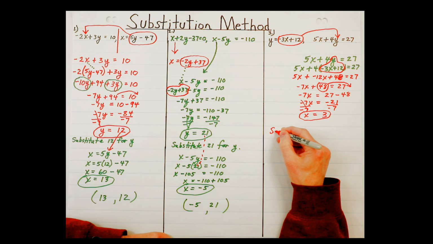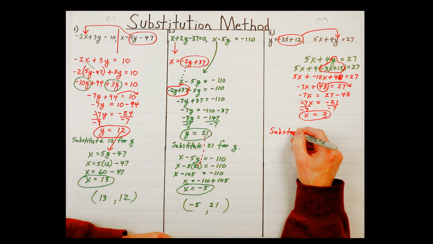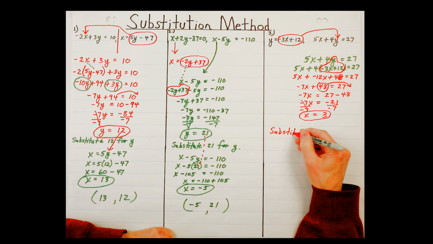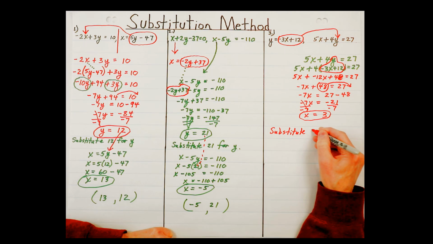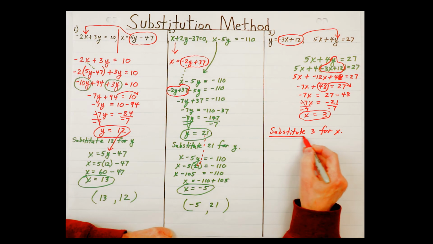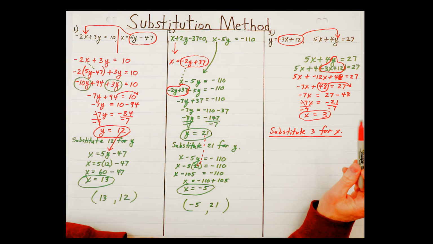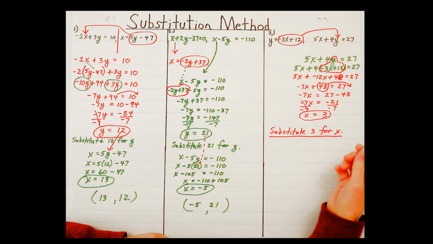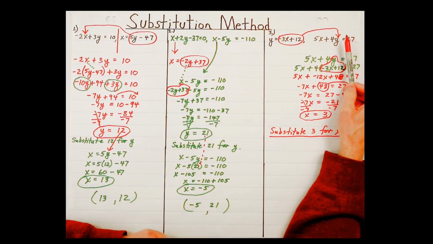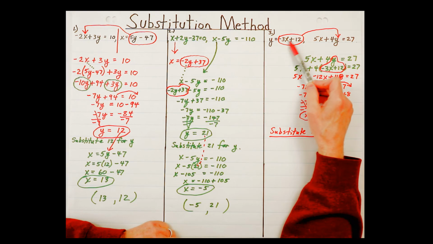And our next step is the same second step as it is in elimination. So we have to substitute 3 for x in one of our equations. And this is not really complicated, but it's more complicated than this one.